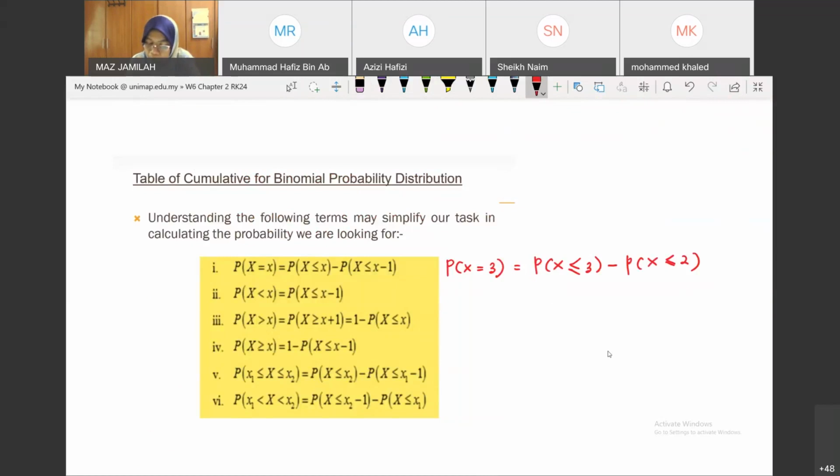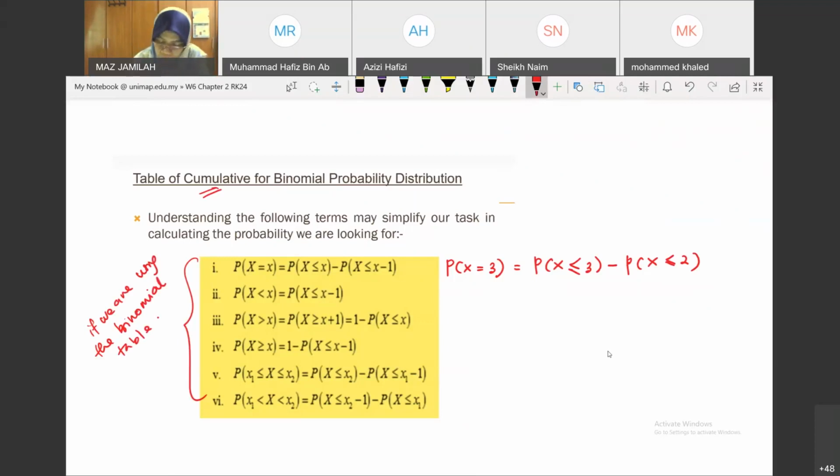Why are we discussing this phrase? Because we need to understand this concept if we are using the binomial table. The binomial table gives the cumulative of the binomial probability distribution.